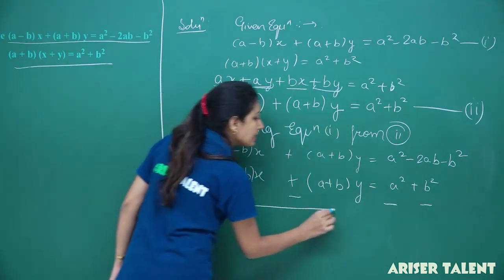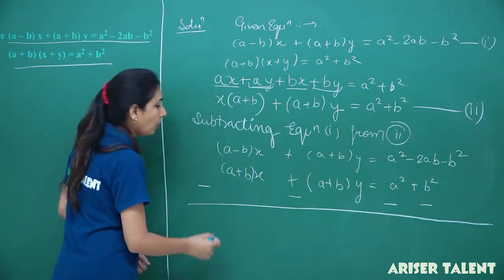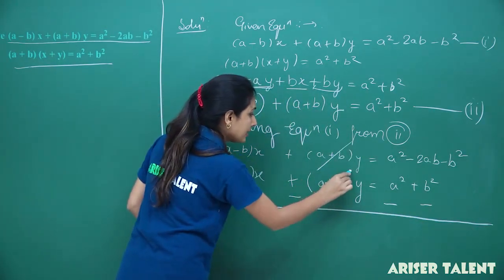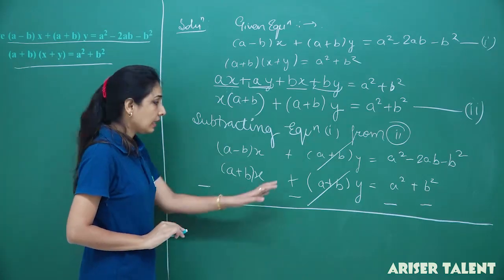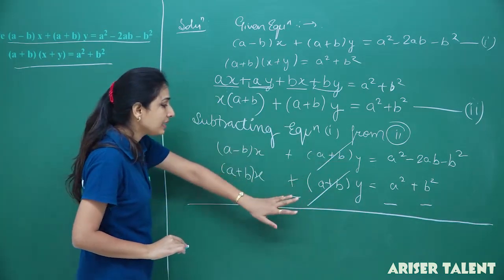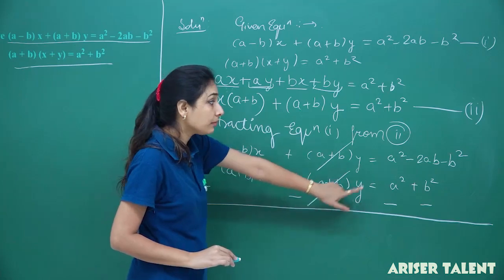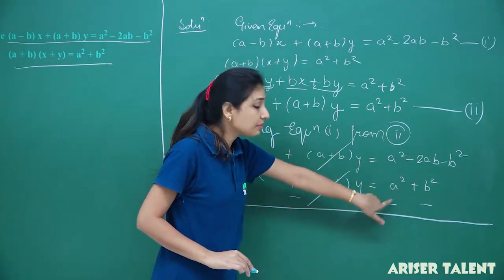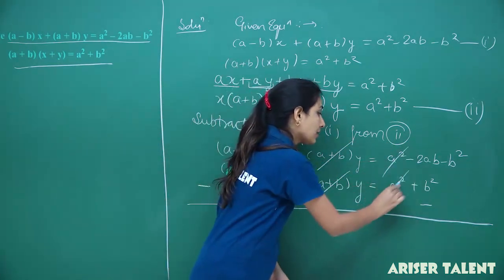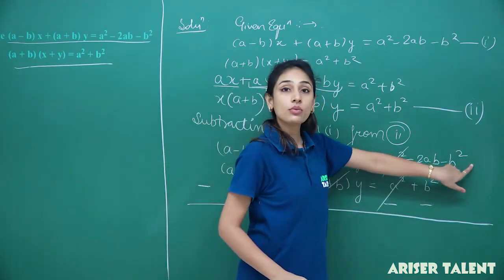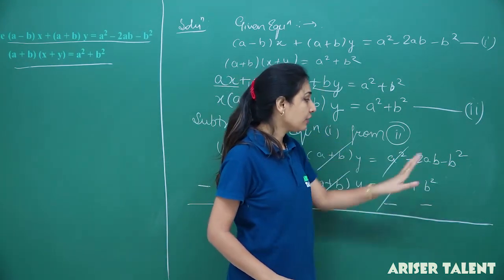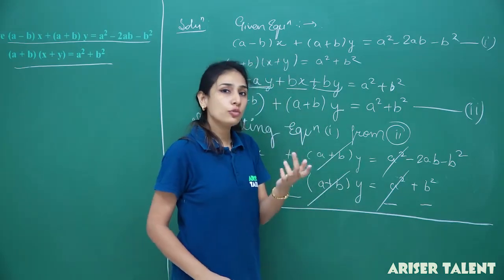So these two will be cut, because plus of the complete term and minus of the complete term. A square, this is minus a square, cut. Now minus b square and minus b square will be minus 2b square.